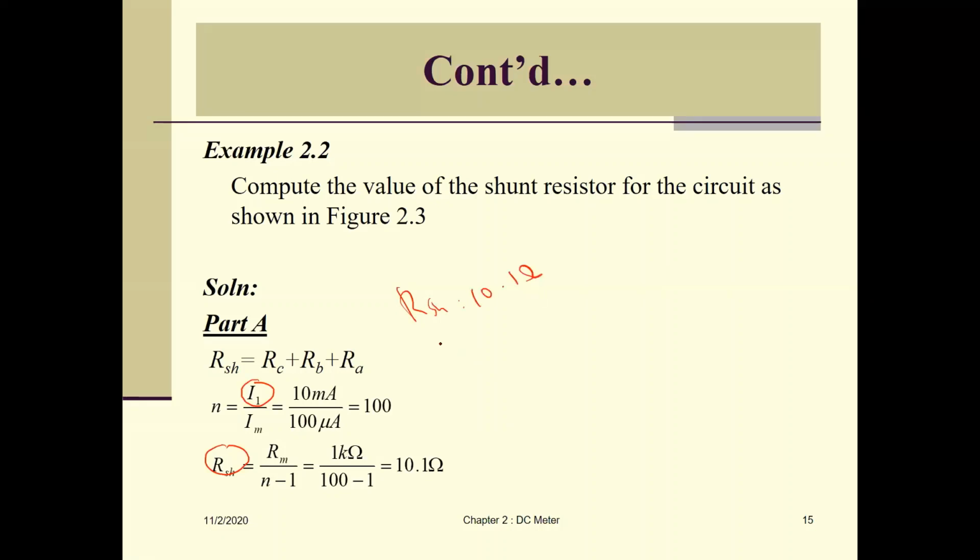That's why we have to calculate what the RA is, what the RB is, and what the RC is. But the total for R shunt will be 10.1 ohms. Normally in part 1 you calculate the R shunt total.